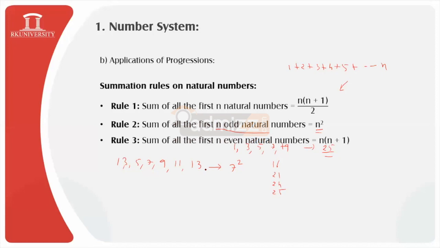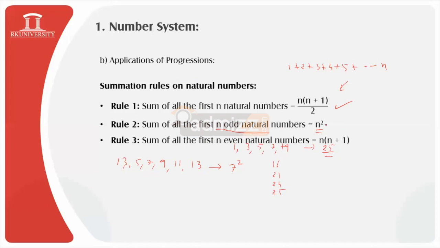Now the sum of the first n even natural numbers, at that time you have to take n in the bracket n plus 1. But if you want the sum of the first n natural numbers, at that time n by 2 in the bracket n plus 1, you have to use this.